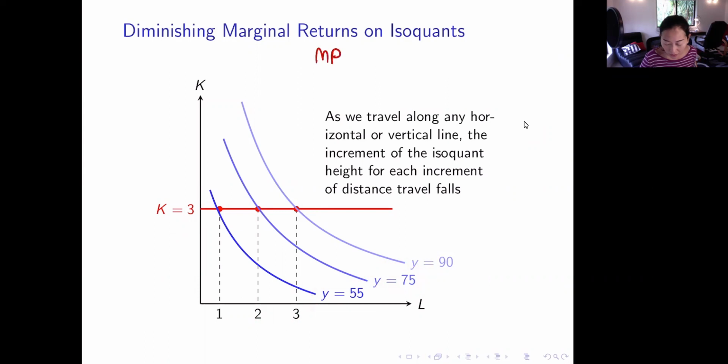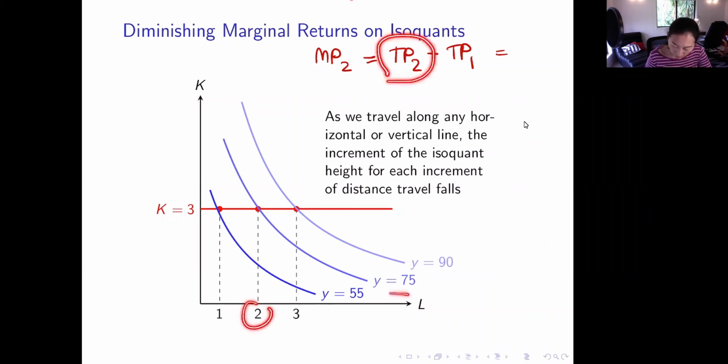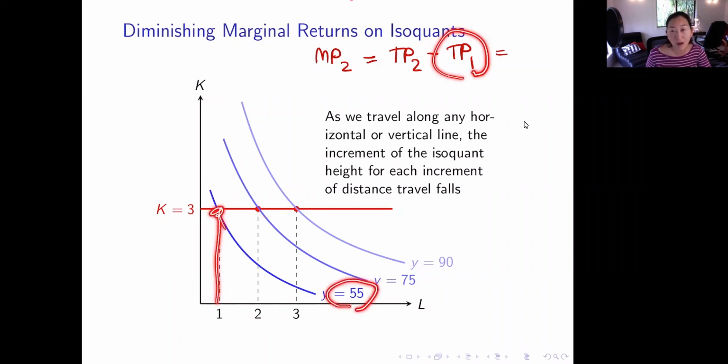Marginal product of the second unit of labor would be equal to the total product of 2 units of labor less the total product of 1 unit of labor, given that K is fixed. So the total product of 2 units of labor is equal to 75, and the total product of 1 unit of labor is 55.